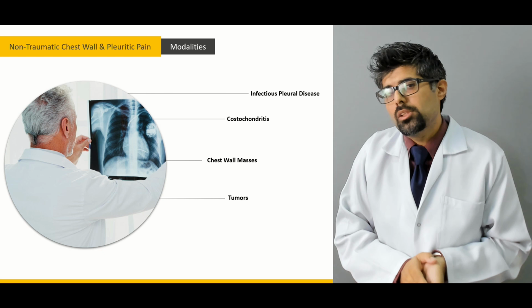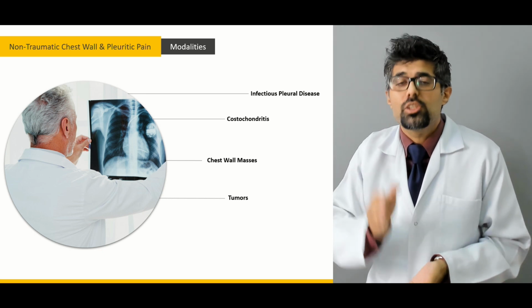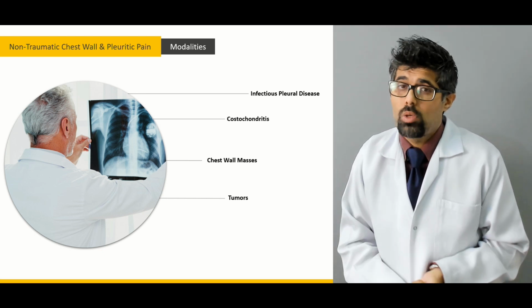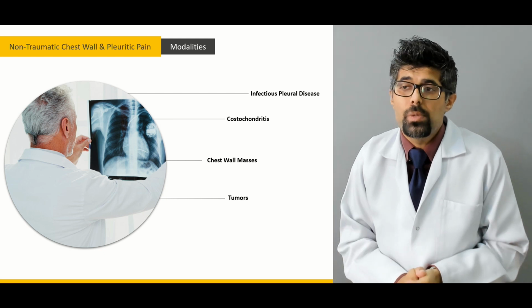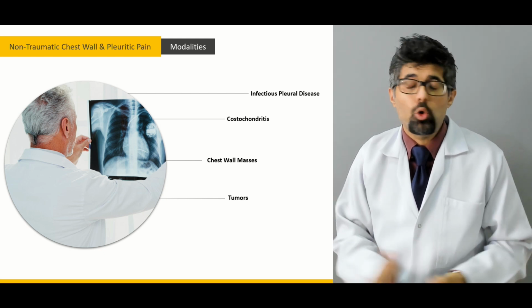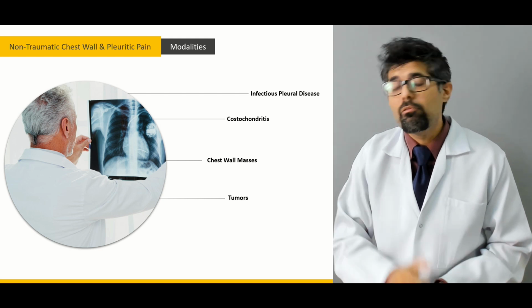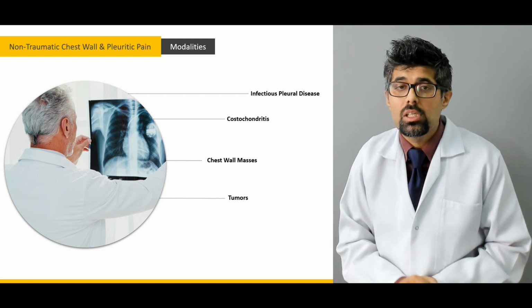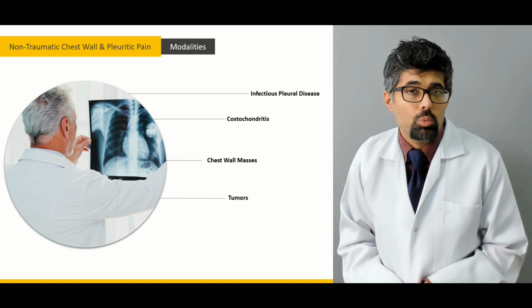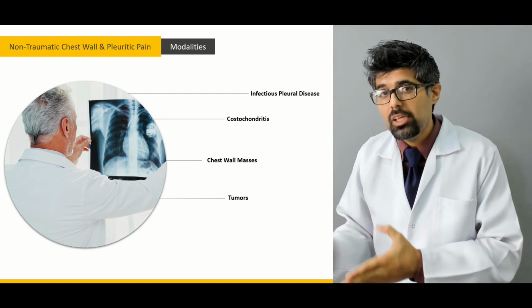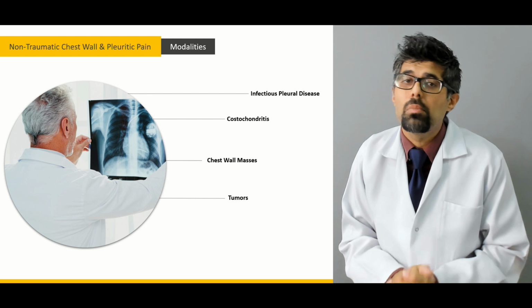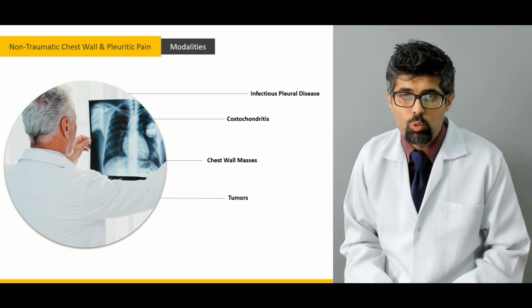Around 50% of malignant chest wall tumors are sarcomas. Examples would be osteosarcoma, Ewing sarcoma, even lymphomas, myelomas, osteoblastomas. They make up the rest of the 50% of the malignant tumors of the chest wall.